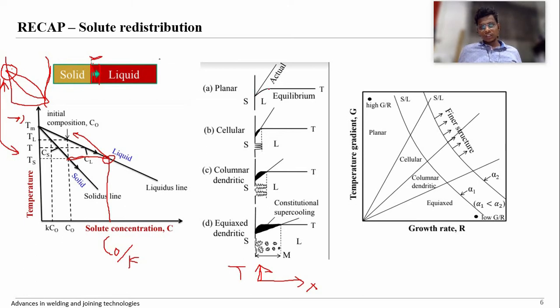As the distance increases, the temperature increases, but the concentration decreases. This is given by an exponential curve, and in the rest of the liquid, the composition is the initial composition C naught, so the temperature is constant. So this is the equilibrium.